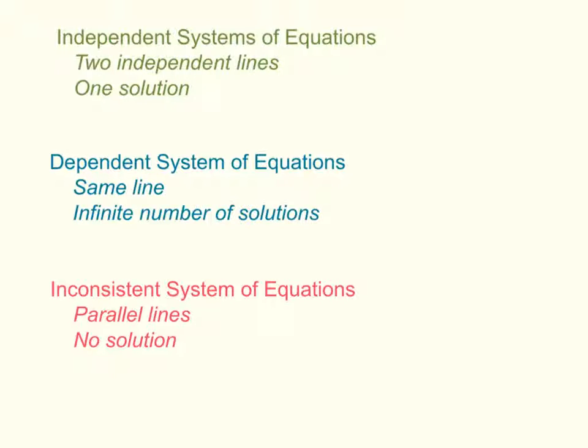And that would be an infinite number of solutions because every point on that line could be a possible solution. And then the inconsistent system of equations, that is where you have parallel lines. You can tell that when the slopes are the same. And that would be no solution because parallel lines never touch. And then we'll look at these last 2 examples more closely here.